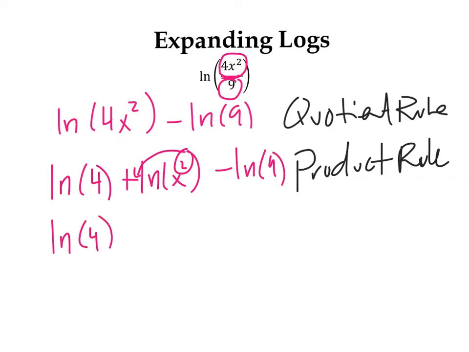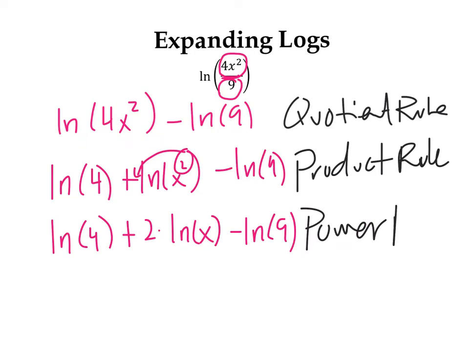Using the power rule, we're going to bring the 2 into the front as a multiplier: 2 times the natural log of x minus the natural log of 9. And this one was the power rule. So here's probably the hardest version of expanding, where you get to use all three rules in the process.